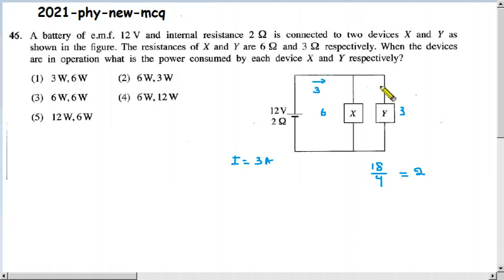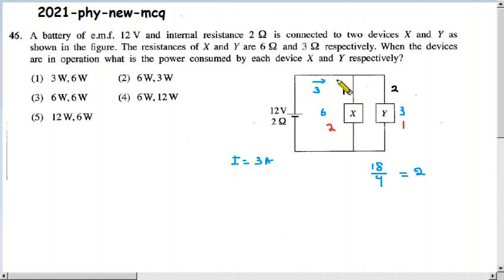Then it is divided into these two parts according to the ratio, but not exactly the ratio, the inverse ratio. The ratio of the resistances is 1 to 2, but the current divides in the inverse, 2 to 1.